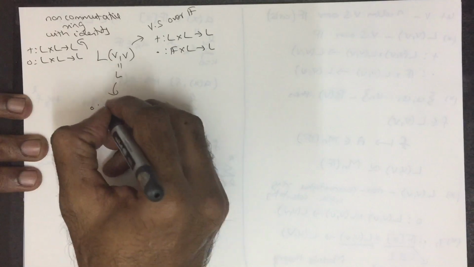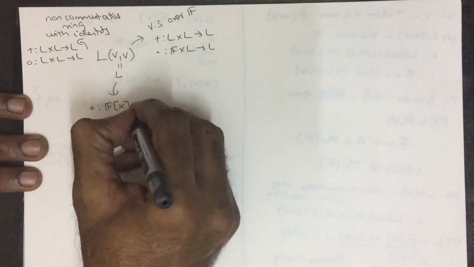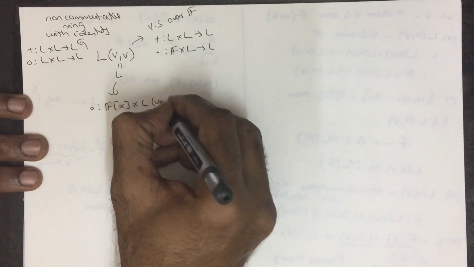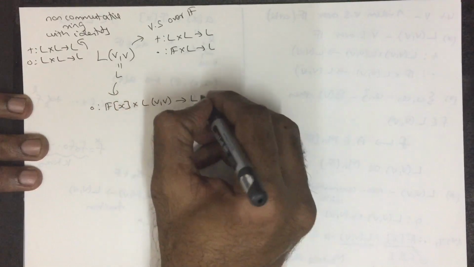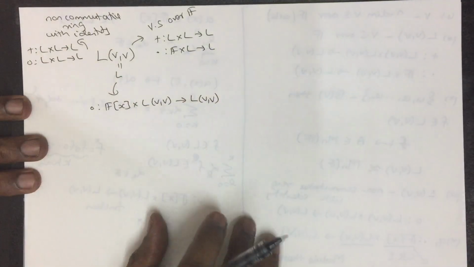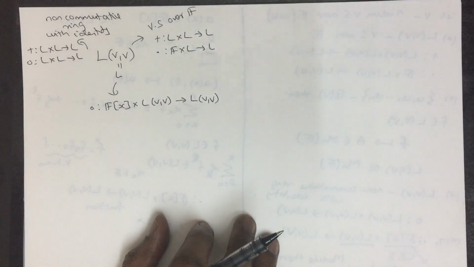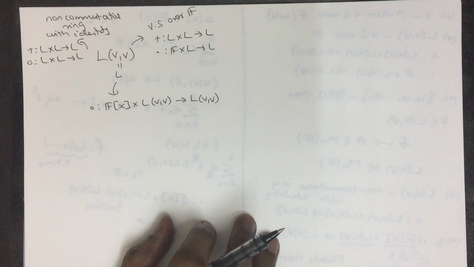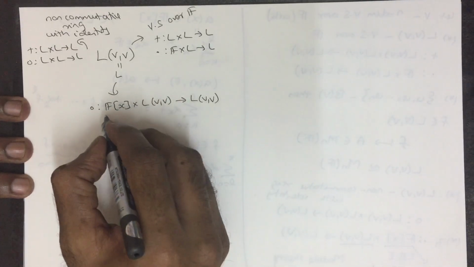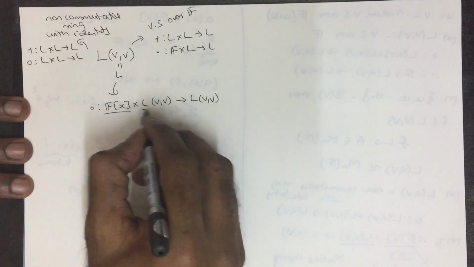And the third face of it is that you also have a structure of multiplying a polynomial and a linear map. So, these have multiple faces, and we have to use them when we want to understand the structure of a single linear transformation coming out of the set. One advantage of this structure is that we know the polynomial ring is a commutative ring and L of V comma V is a non-commutative ring.